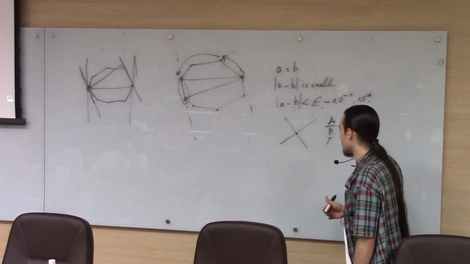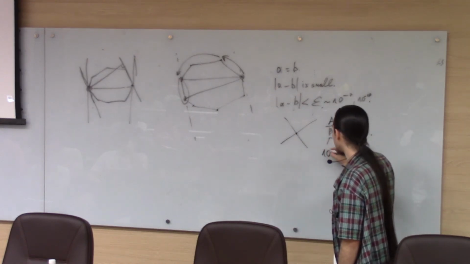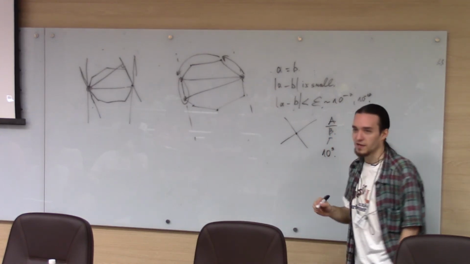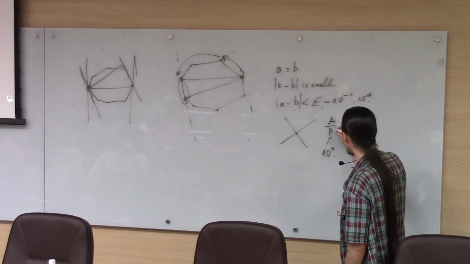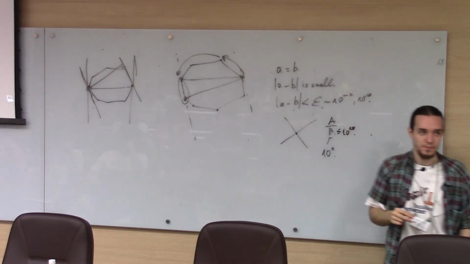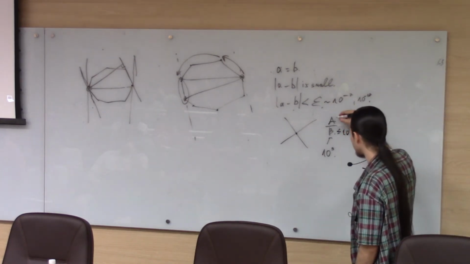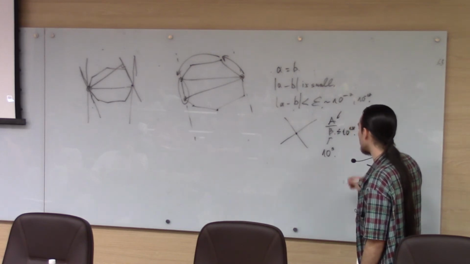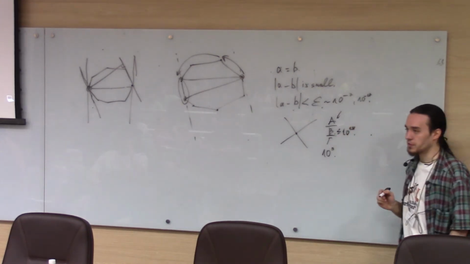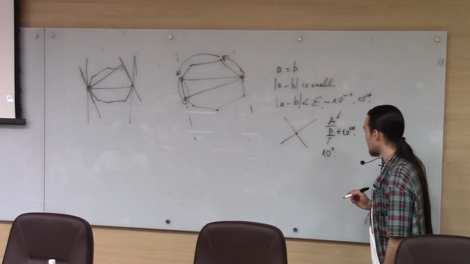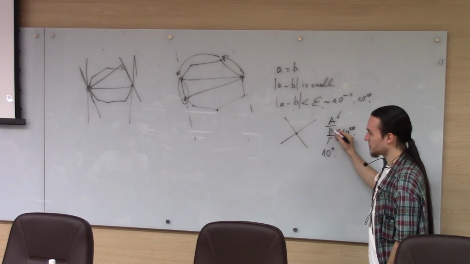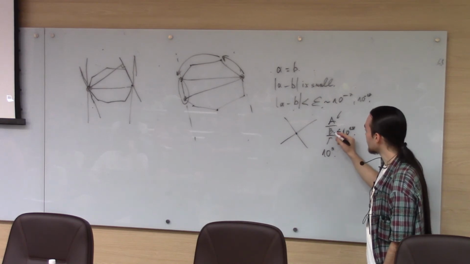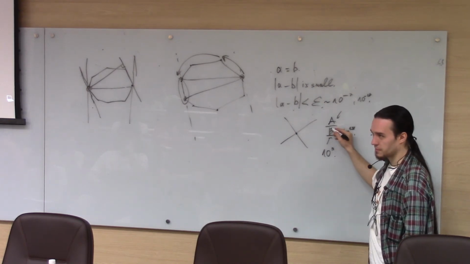So if the lines have coefficients up to 10 to the 9th, then b should be up to 10 to the 15th. Usually if you have a quotient of two integers, then the precision error that you can make here is about 1 over the denominator.